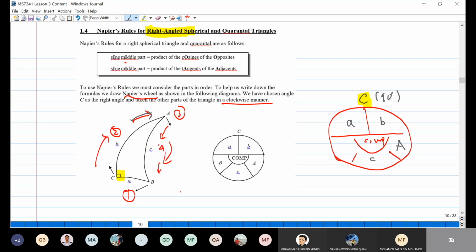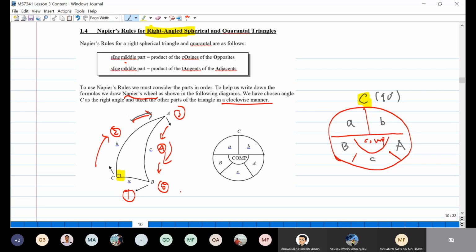Finally, 5, angle B. Angle B will be this one. So this view is called the Napier's view. Let's look at how I trace the diagram: 1, 2, 3, 4, 5.